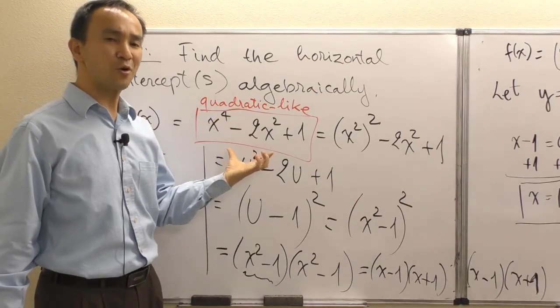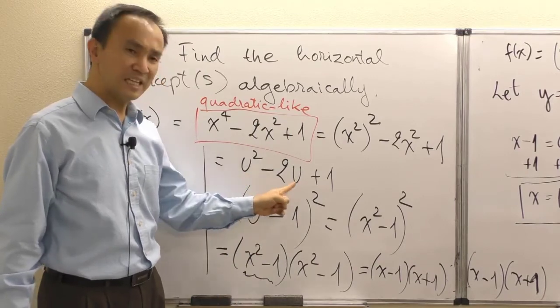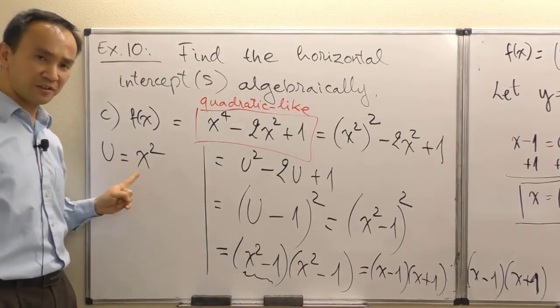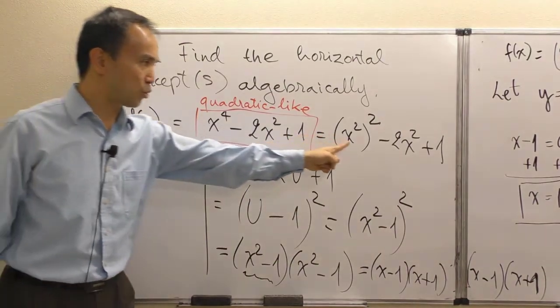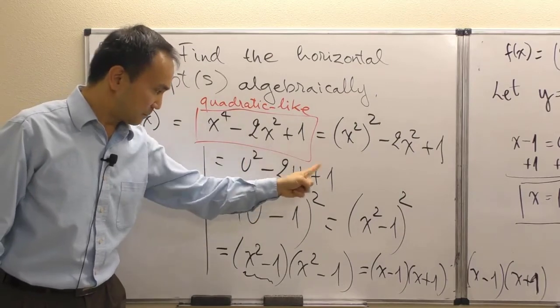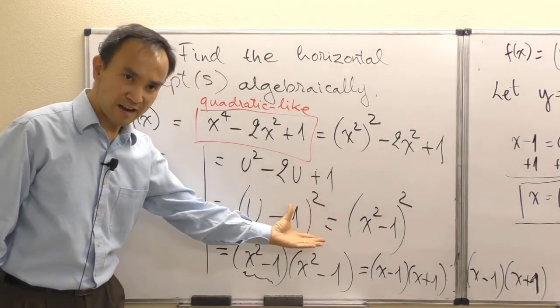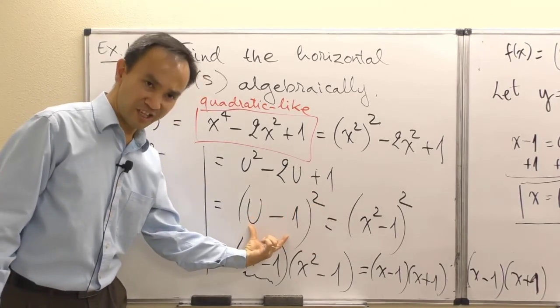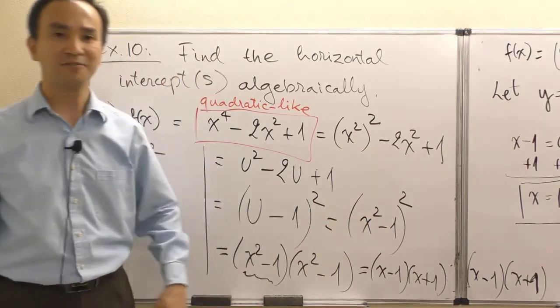This is a quadratic-like polynomial, and so to make it easy, we just do a substitution with an extra variable here. So let u equal x squared. And so now we perfectly brought that into a quadratic, and then we factor that quadratic. But that quadratic was in terms of u, so we brought back that variable x right there.